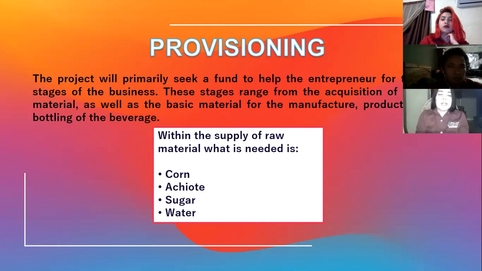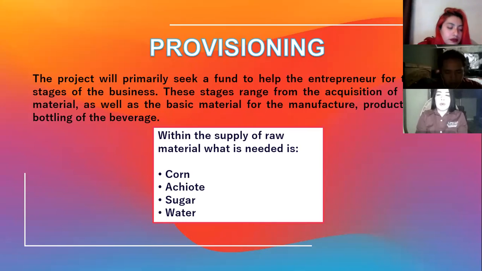Provisioning. The project will primarily seek a fund to help the entrepreneur in the first stage of the business. This stage ranges from the acquisition of the raw materials, as well as the basic materials for the manufacturing, production, and bottling of the beverage. Within the supply of raw materials, what is needed is corn, achiote, sugar, and water.